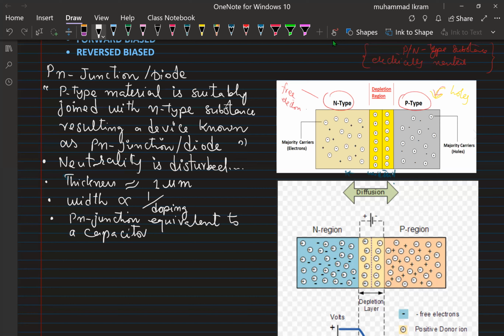Here, the dielectric is this width of the junction, or this depletion region. It is called the depletion region because this region contains no free electrons or holes.